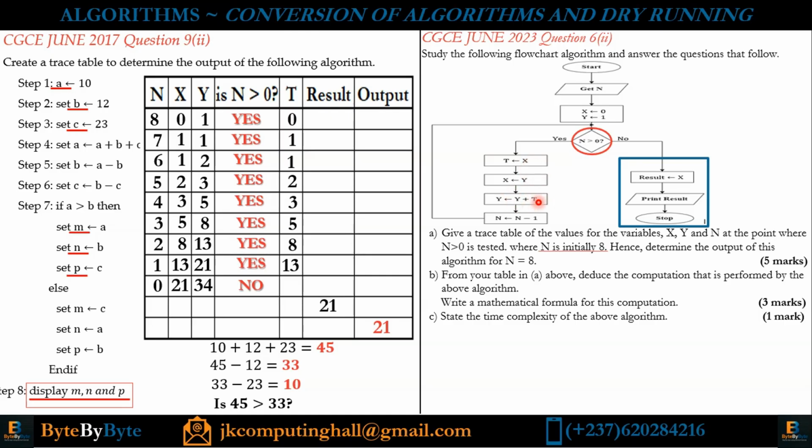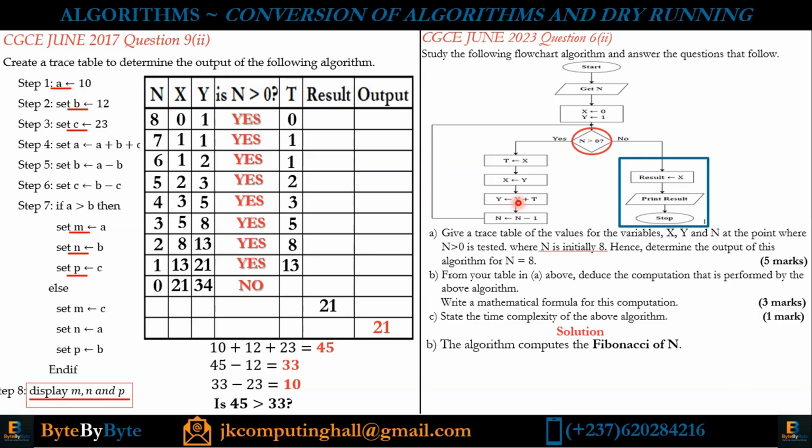So at every point, I am adding the two previous values that I have. And in this case, what are we indirectly doing? We are indirectly performing the Fibonacci of a particular positive integer. So the algorithm computes the Fibonacci of n. That is what we have.